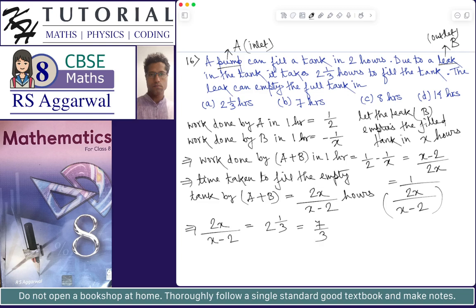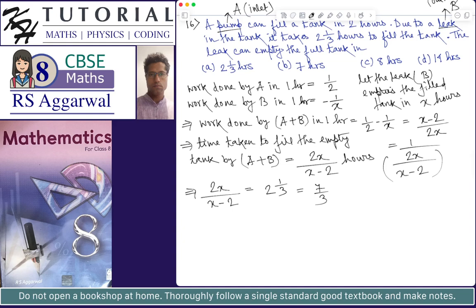So we get a linear equation in x. We can easily solve for x. Doing cross multiplication, we have 6x is equal to 7 into (x minus 2). This implies 6x is equal to 7x minus 14, so x is equal to 14. And what was x?